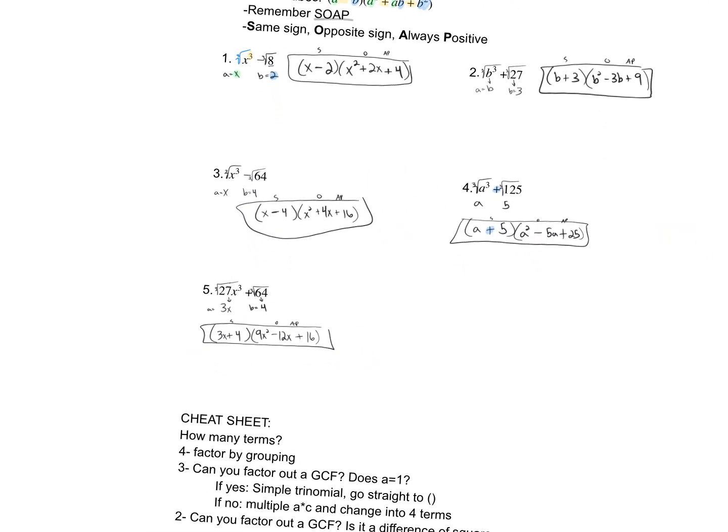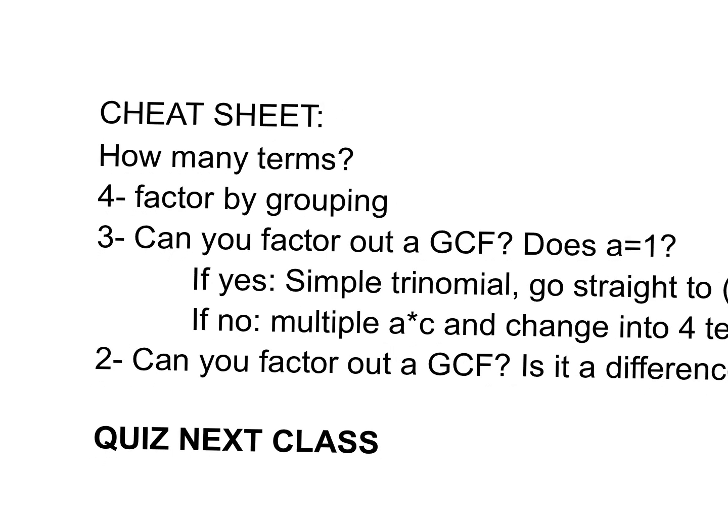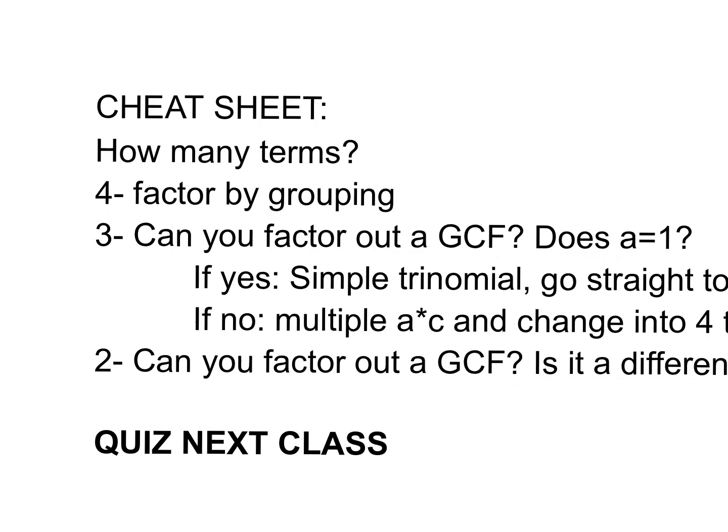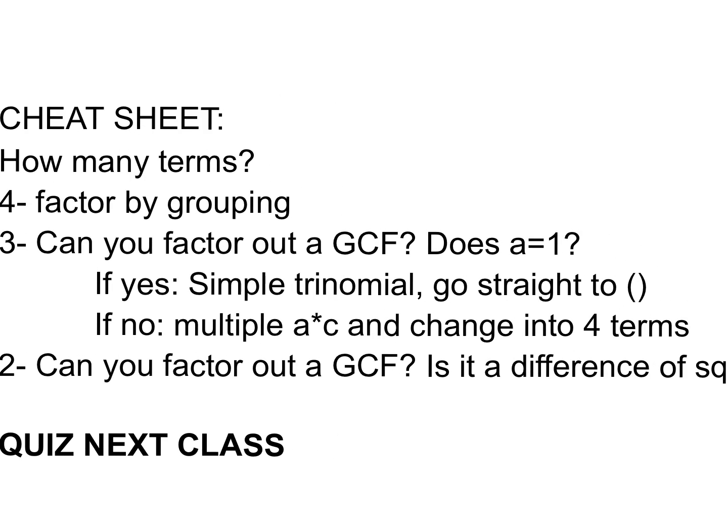Looking at it, we've talked about this before, but remember the flow chart as far as how to factor. You always start with the GCF, but then you look at how many terms. If there are 4 terms, you're going to try to factor by grouping. If there are 3 terms, initially you're still looking for the GCF. If the a value is 1, you can go straight into the parentheses with the values you find in your X method.